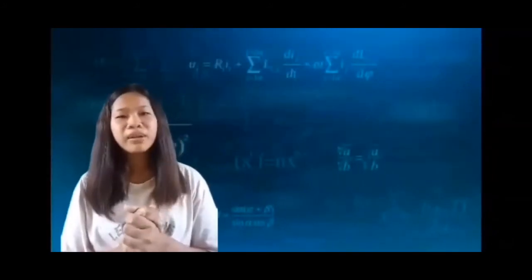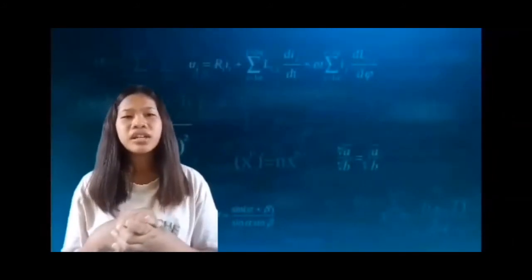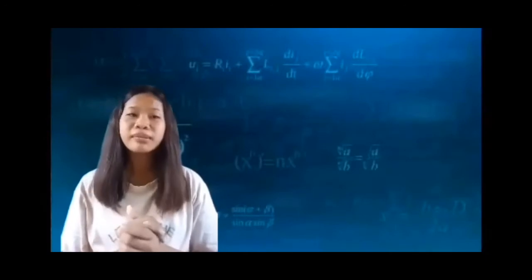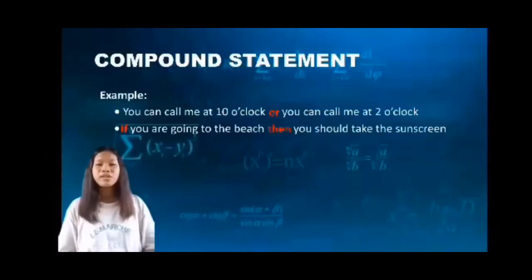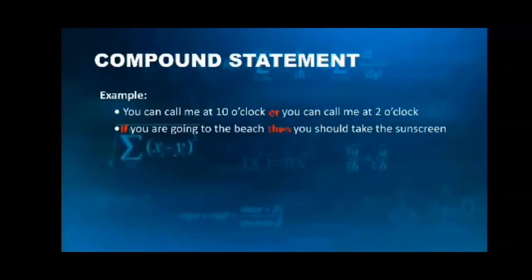Statement. Compound statement is usually put on a multiple lines with one statement per line. Examples of compound statement. The first one is, you can call me at 10 o'clock or you can call me at 2. The second one is, if you're going to the beach, then you should take the sunscreen.